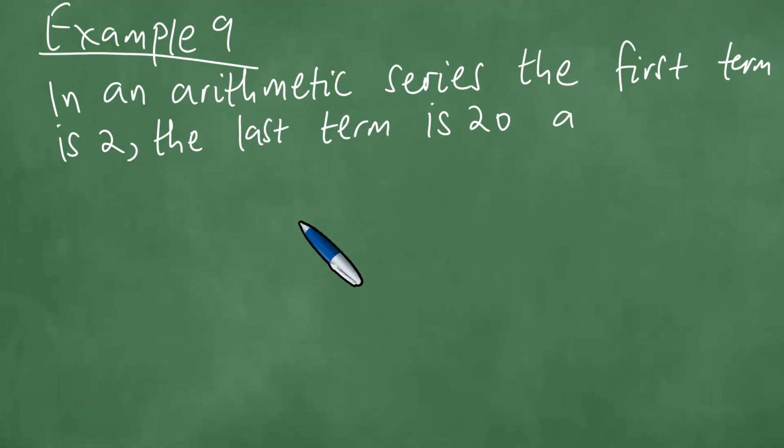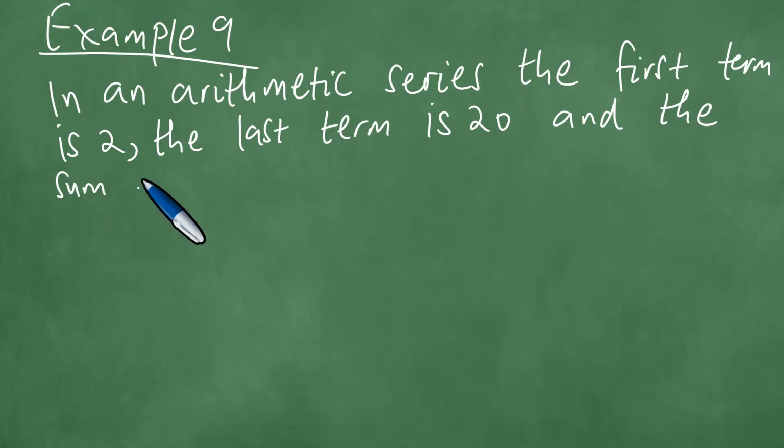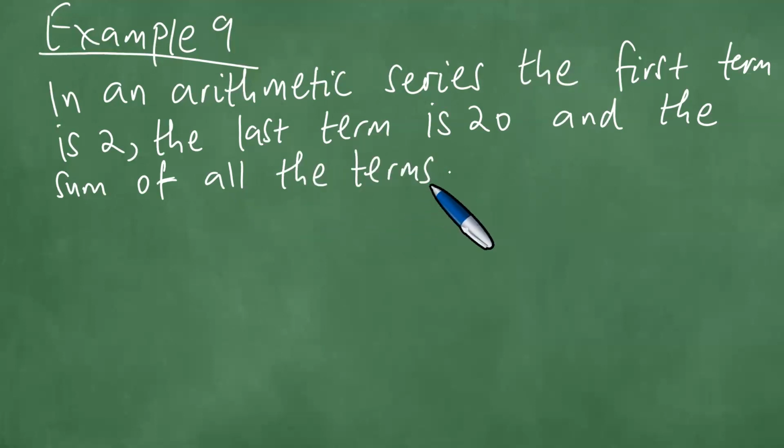Right, so in an arithmetic series, the first term is 2 and the last term is 20, and the sum of all the terms is 110.